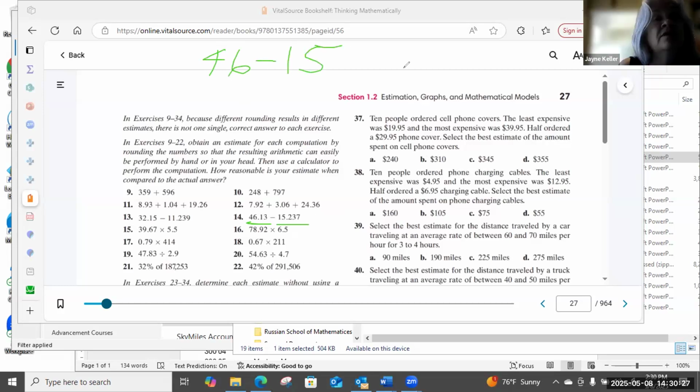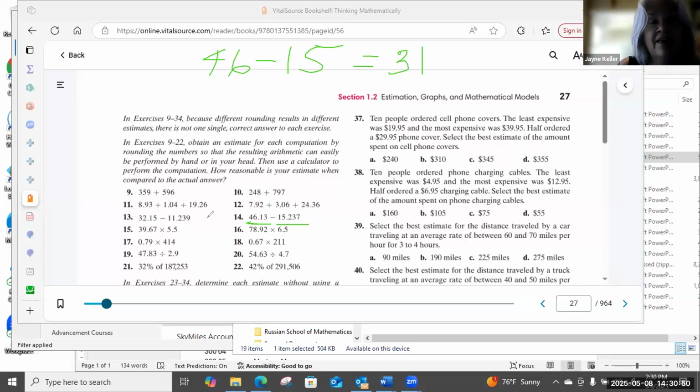So I'm just going to do 46 minus 15 and I get 31. Right? 31.